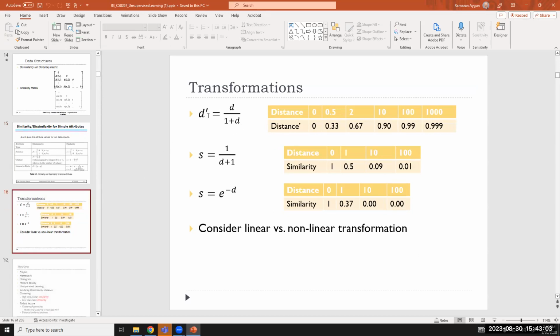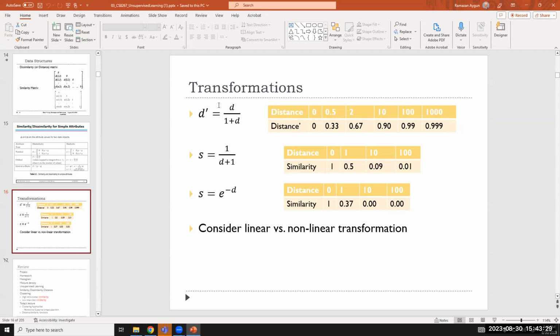If distance d prime is equal to d over 1 plus d, the distance will be 0, 0.33, 0.67, 0.90, 0.99, 0.99. So why do I do this? The original distance does not have a range. It can go up to infinity.